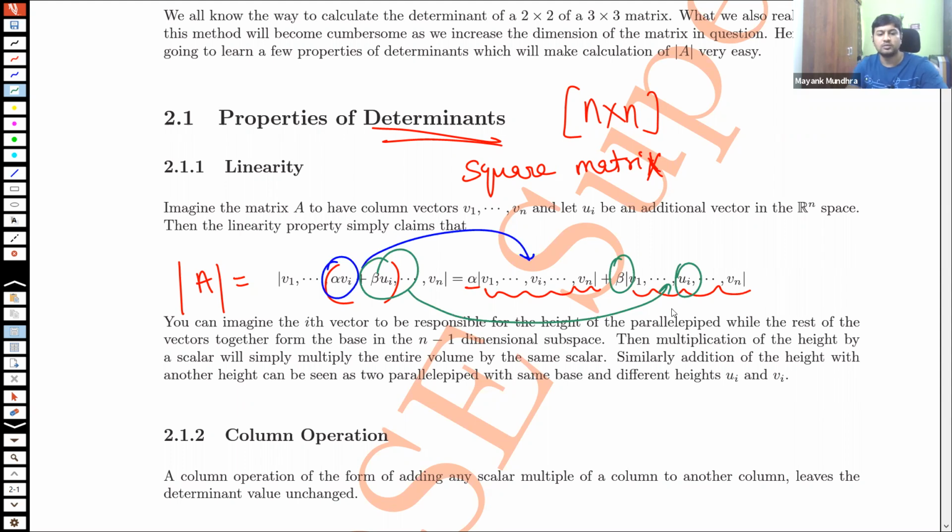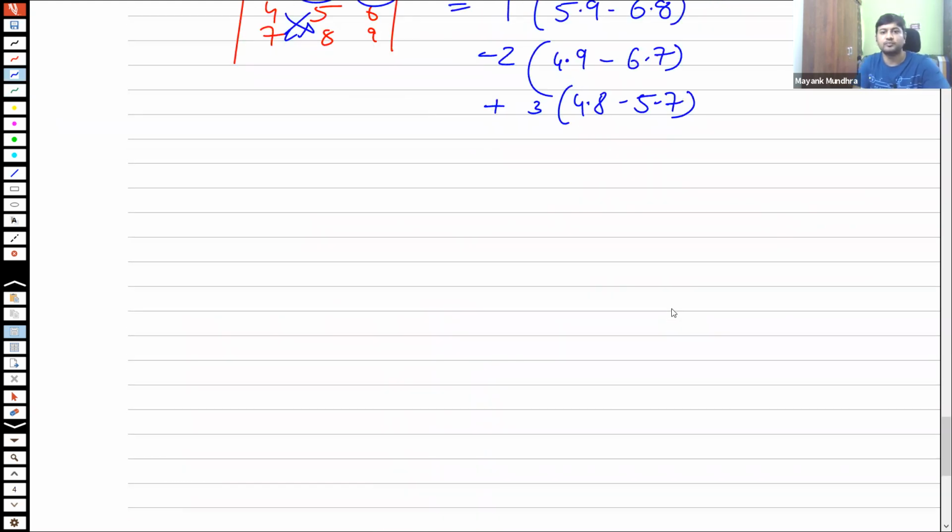To give a simple example, suppose you have to find the determinant of 1, 2, 3, 4. Now 3, 4 can be written as 1, 2 plus 2, 2.